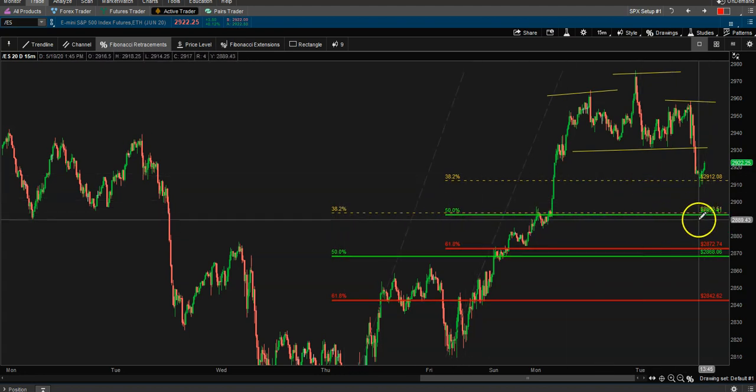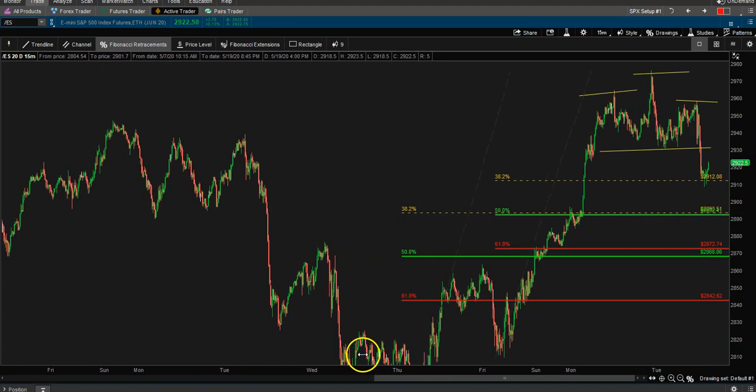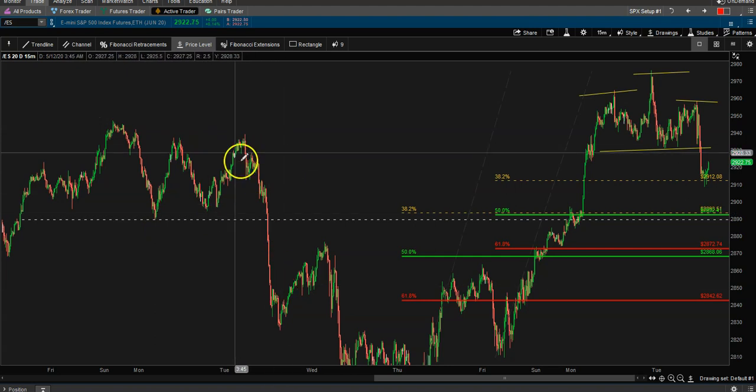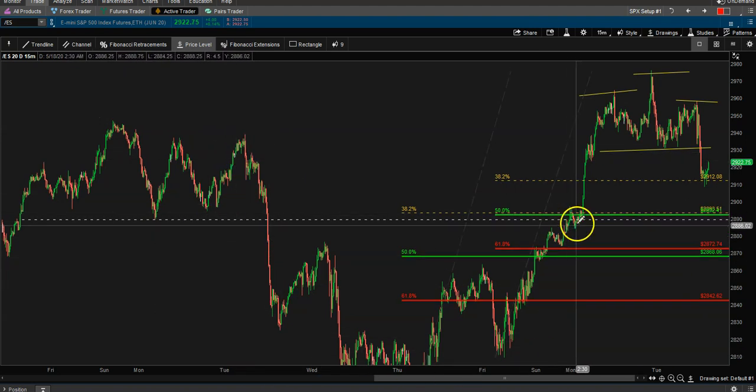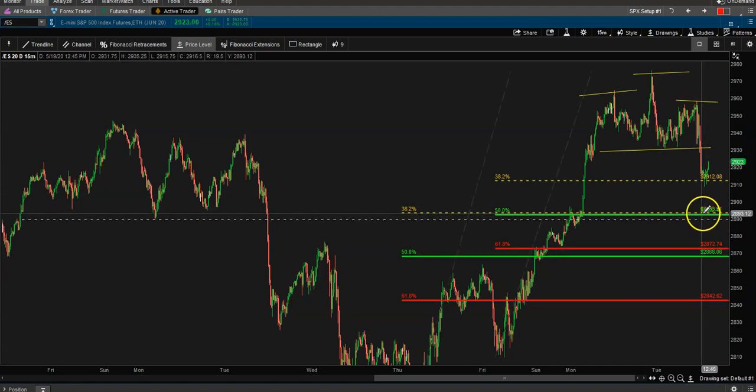So if we got down to this level, which was also the breakout of this move, potential consolidation right here, old resistance becomes new support. And also if I look to the left of the chart, oh, look at that. Remember our first drawing? It is also a potential support level. Okay, bounce, bounce. Old support becomes new resistance, pullback on the way back down. We might have another buy area down here.